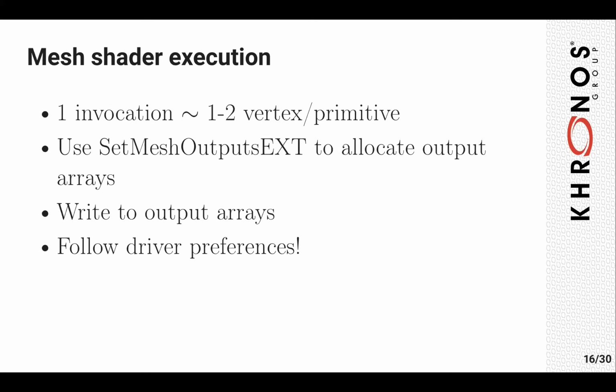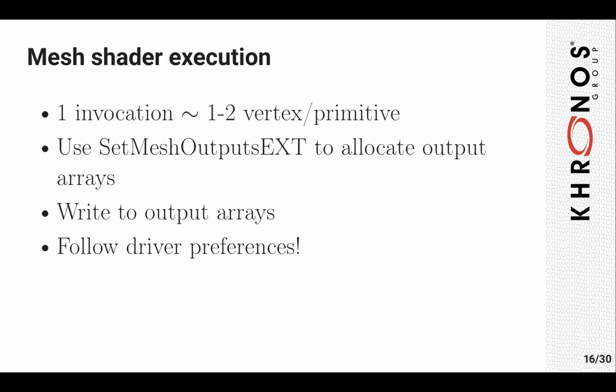Then you get to the mesh shader, where typically one shader invocation would process maybe 1 or 2 vertices and primitives. The shader needs to call a function called setMeshOutputsExt, which allocates the output arrays where the vertex attributes go. Only after calling this function is the shader allowed to write to the output arrays.